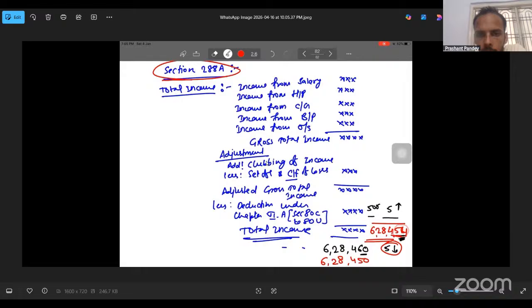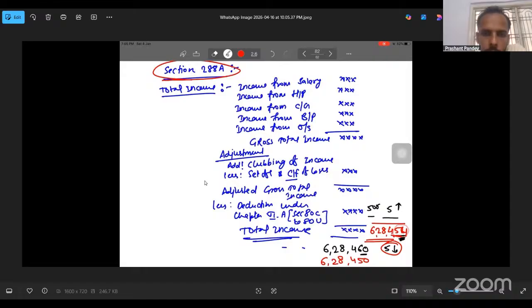Clubbing of income is something where the SSC cleverly transfers his property or income just to reduce his taxable income. That has been covered in my initial classes. In my last class I covered set off and carry forward of loss.